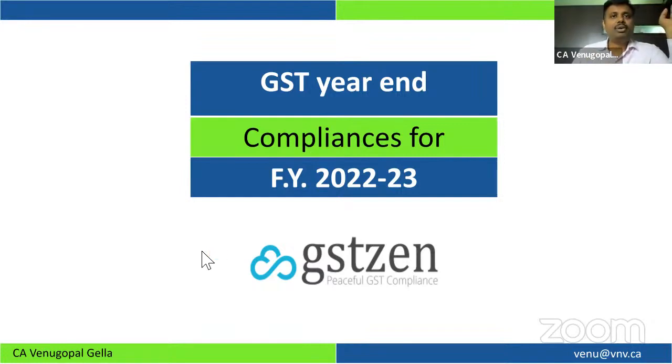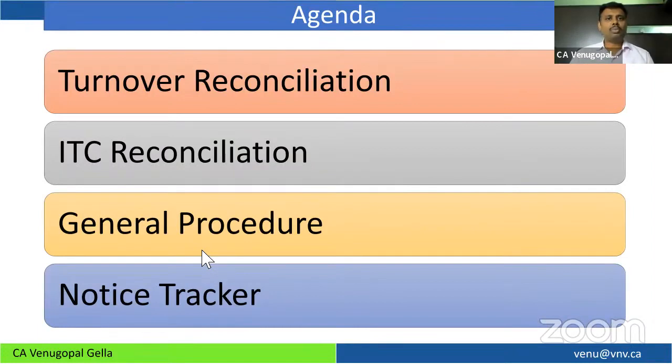So the agenda for today's session: we would look at what are the points that you need to take care of for doing the turnover side reconciliation, then input side reconciliation, general procedures for you to get ready for financial year 23-24, and a new module that GSTZen has released, which is tracking your notices, especially if you are a group company and you're a CFO looking after 2-3 companies.